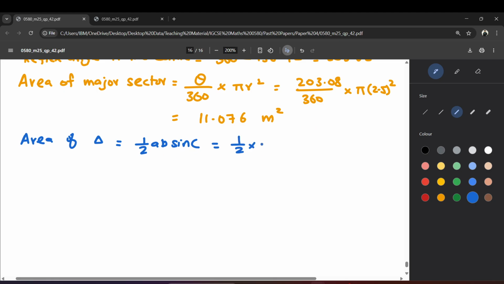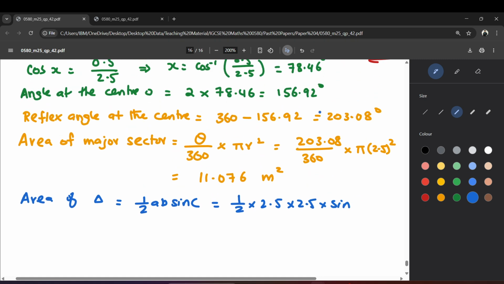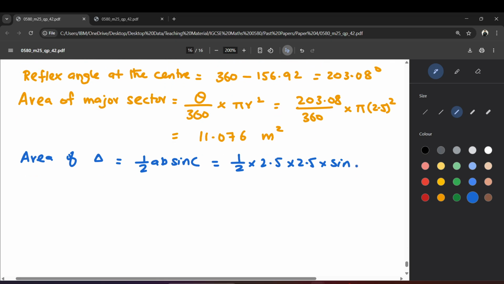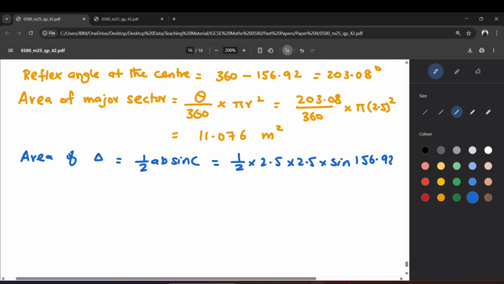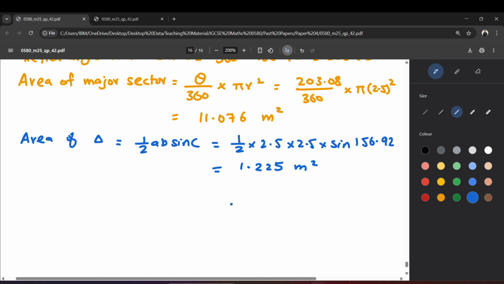So this will be half into 2.5 into 2.5 into sine C. Your C was the angle at the center, which is 156.92. So 0.5 times 2.5 times 2.5 times sine 156.92. So this gives us 1.225 meter square.